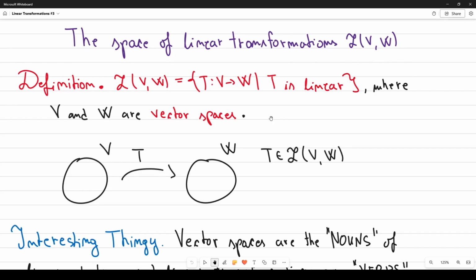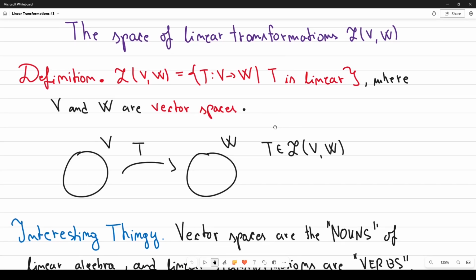So let's get the definition out of the way. This thingy over here is just the set of all linear transformations from V to W, where of course V and W are always vector spaces. I hope that's clear from the context of us dealing with linear algebra. So you've got your vector space V, you've got your vector space W, and you have some mappings.